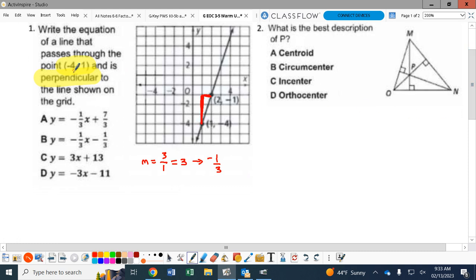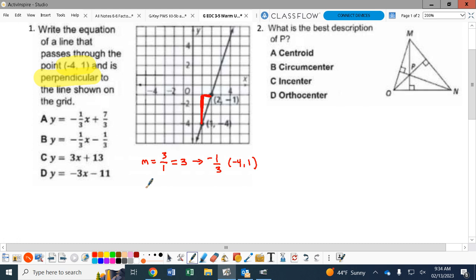Guys, this is the slope of the new line. This is the point it's got to go through. So it's got to go through the point -4, 1, and it's got to have this slope. If it's got to have this slope and this point, we're going to use point slope formula to write it, which is on the formula sheet. We're going to write it in point slope form and solve it.